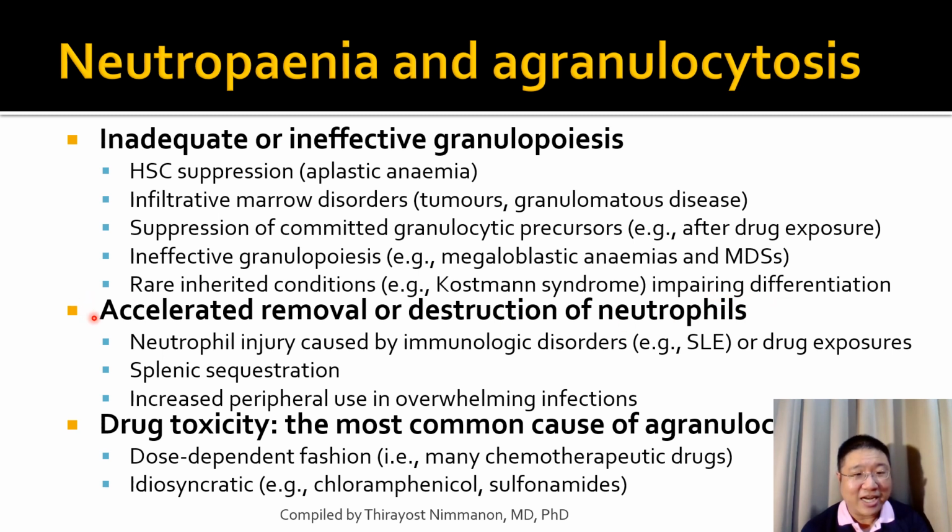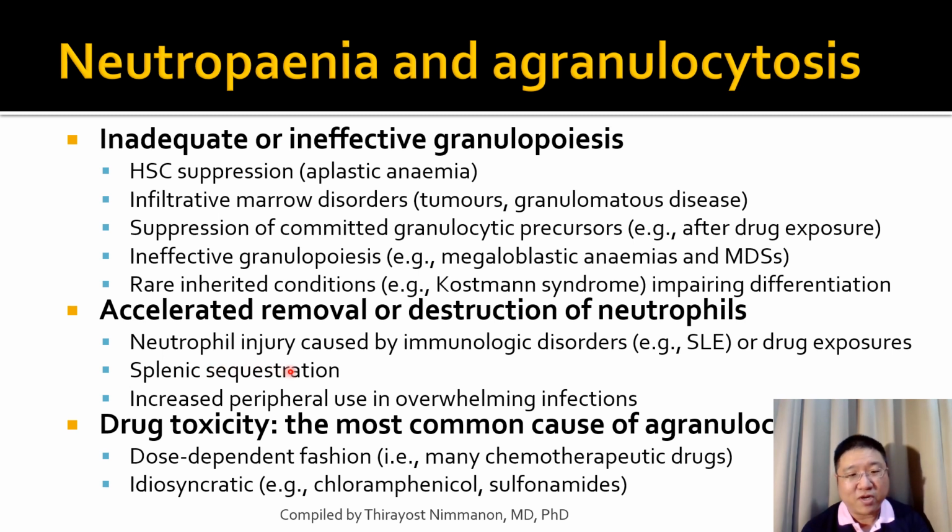For the accelerated removal or destruction of neutrophils, the causes include neutrophil injury caused by immunologic disorders such as SLE, systemic lupus erythematosus, or drug exposure, and also splenic sequestration.